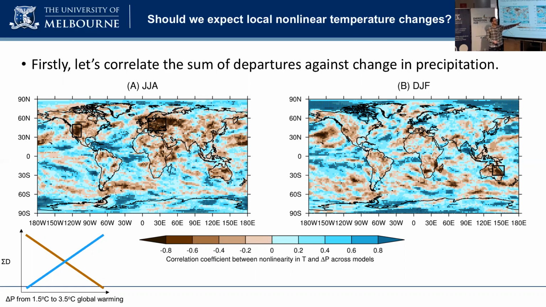This is also true if we look at austral summer and we look at northern Australia, we see this effect. So the models with accelerated warming are seeing big reductions in precipitation and vice versa. Over most ocean regions, it's mostly blue. So the models with accelerated warming have increases in precipitation.